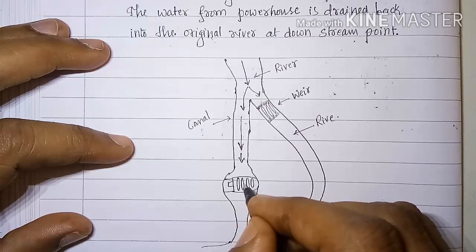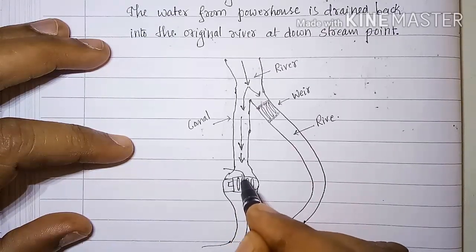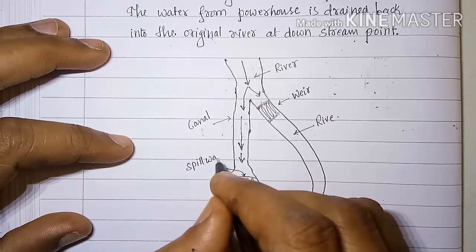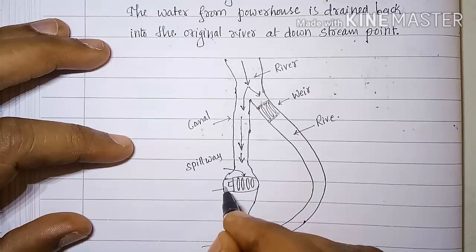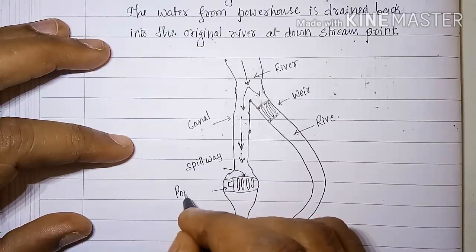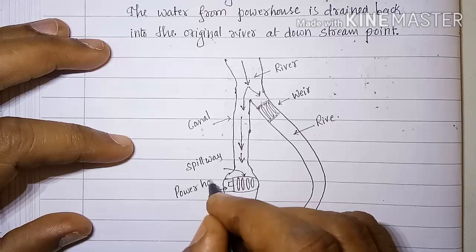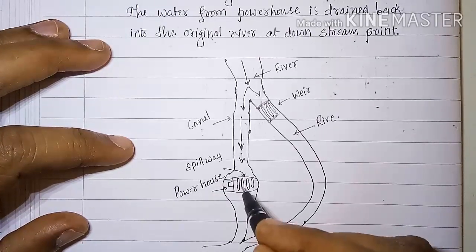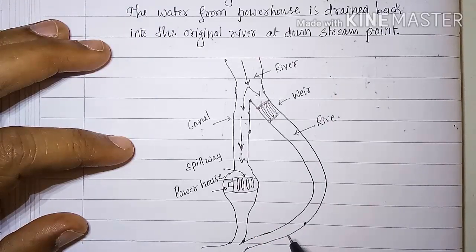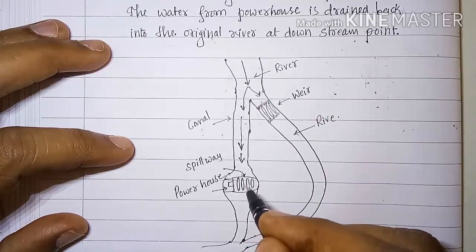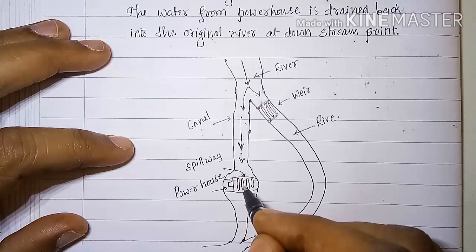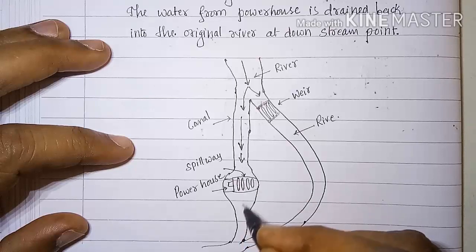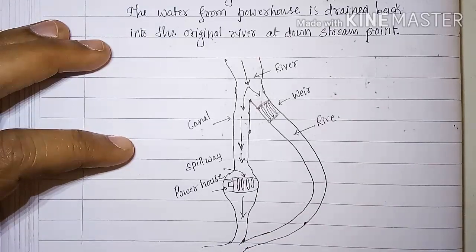And here are the spillways, and you can see here one small powerhouse. Spillway means what? Gates. If the water level increases to danger level, then the gates will be opened and the water will flow out.